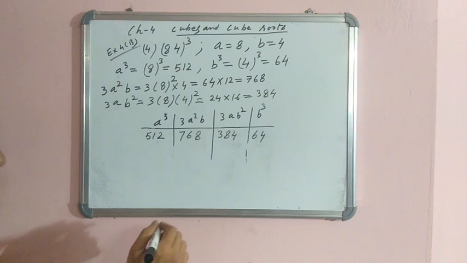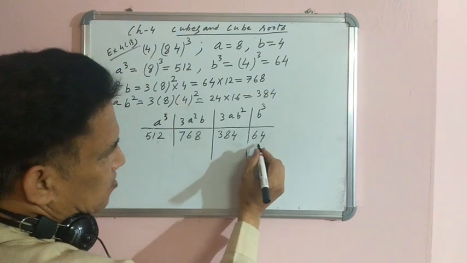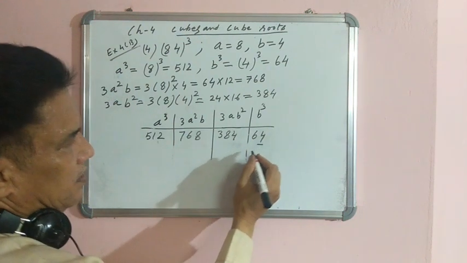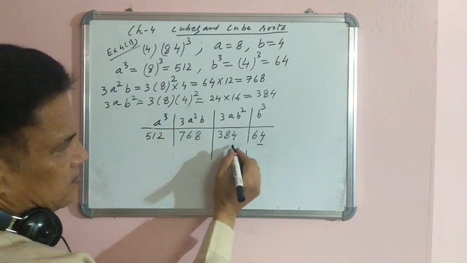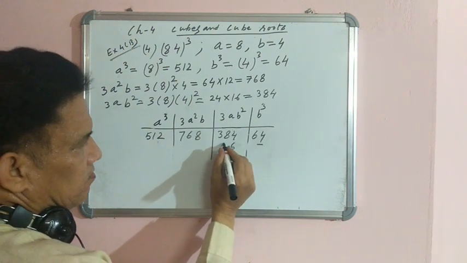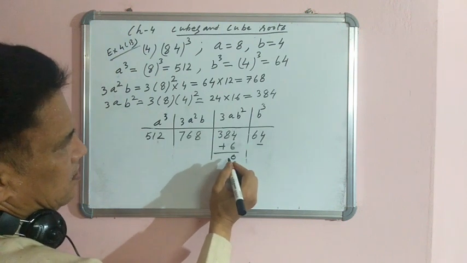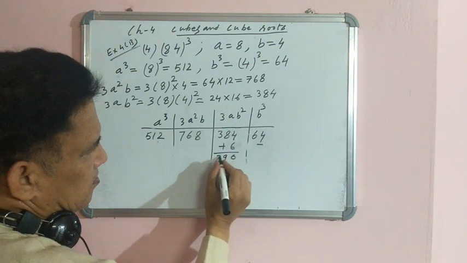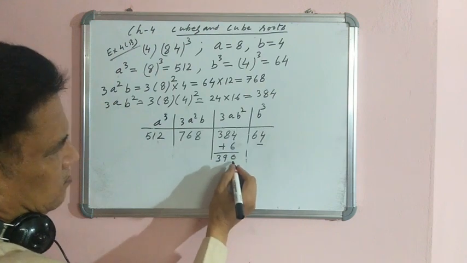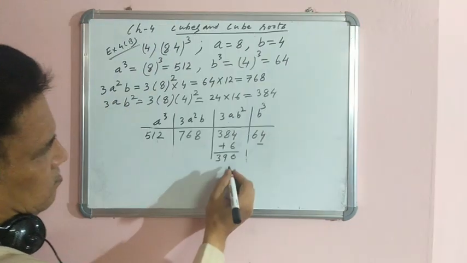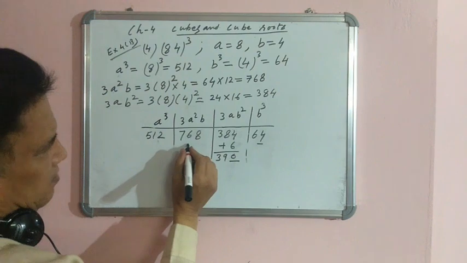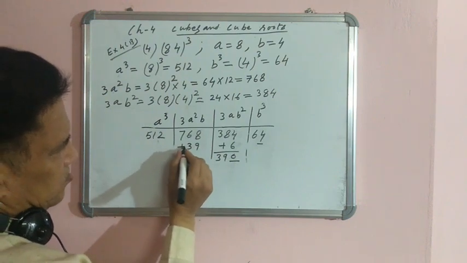Now we will start doing the underline here. 4 here. Then we will add this 6 here, plus 6. We will underline 0 here, 39 will come here. We will add this one.